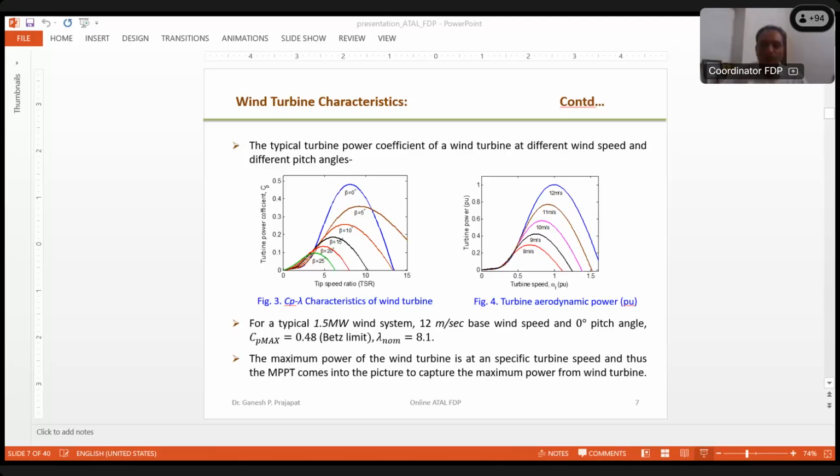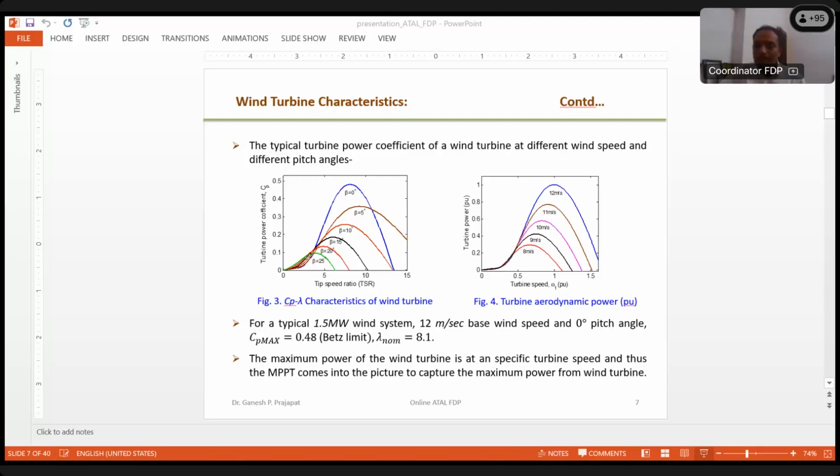So the turbine power is 0.4 only, even though wind speed is 12 meter per second and the turbine speed is 1.5 per unit. So this is exactly what this curve is showing. This curve shows that it doesn't mean that if a turbine is rotating at very high speed, it is generating very high power. It is not like that.